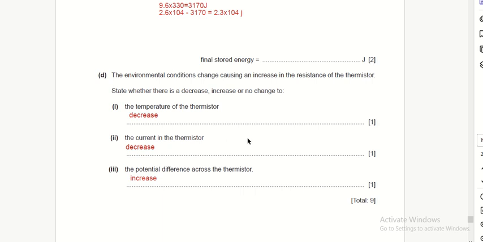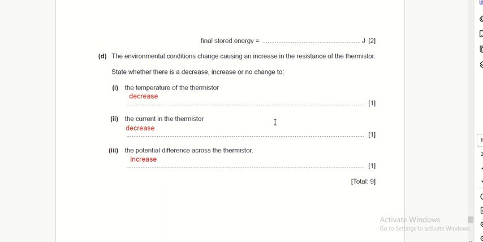And as the resistance of the thermistor increases, the whole resistance of the circuit increases, and hence the current in the thermistor decreases, because the whole current in the circuit decreases, and it is only one single current, so the thermistor current decreases.